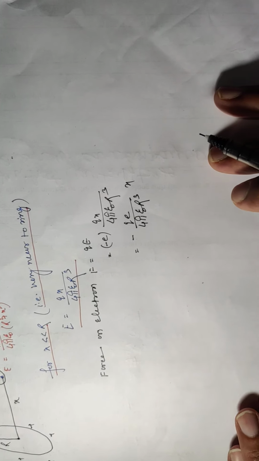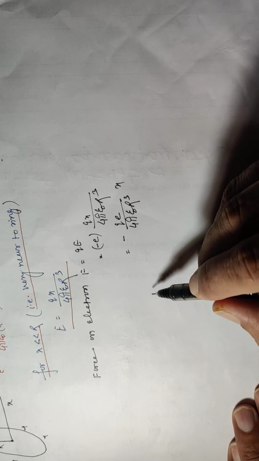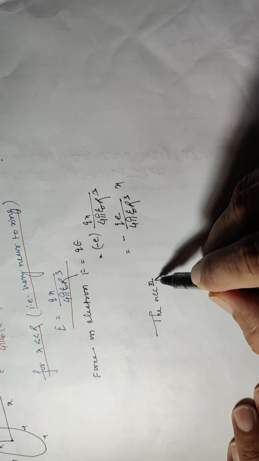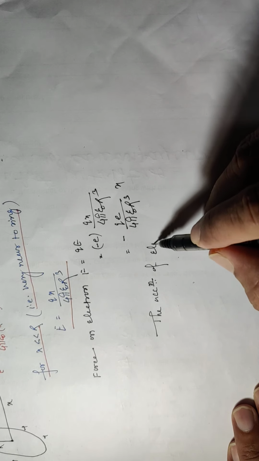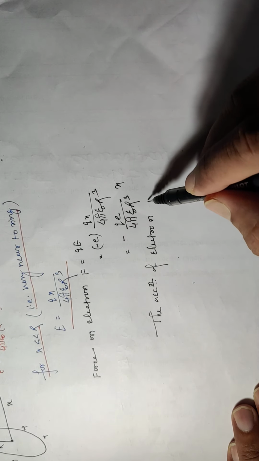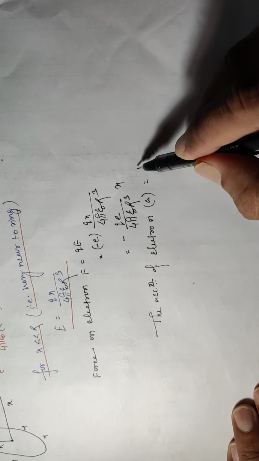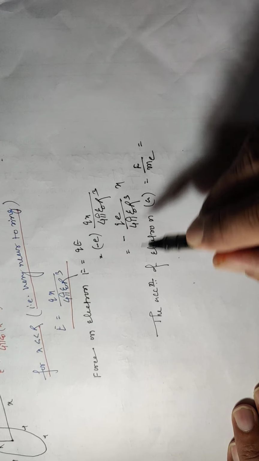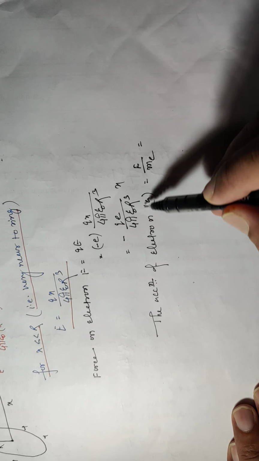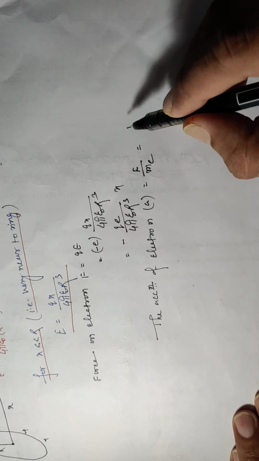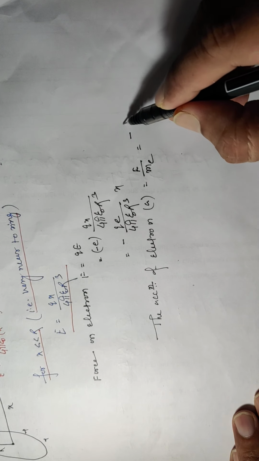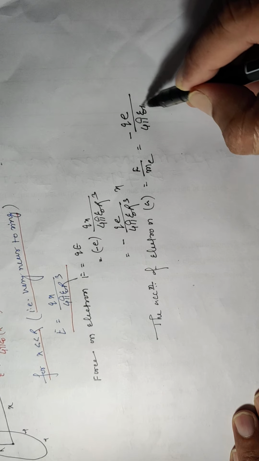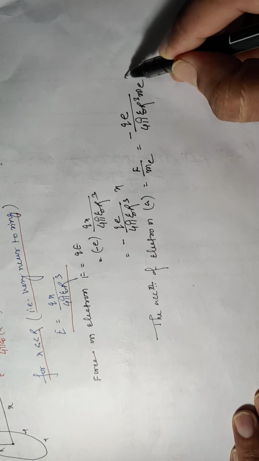So if this is the amount of force experienced by the electron, the acceleration of the electron is going to be given by force by mass of electron. We have the expression of force here. Putting this in place of F, we get minus qe by 4 pi epsilon naught r cube me, whole into x.